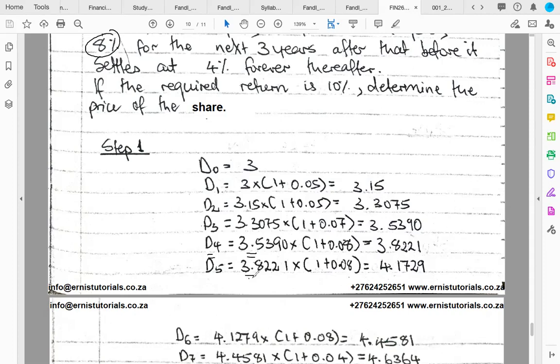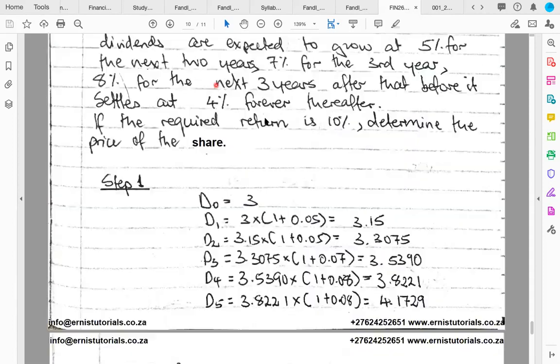Then we can take D4 multiplied by 1 plus 8% to give us D5, which is 4.1729. And then it's for 3 years, we can take D5 multiplied by 1 plus 0.08 to give us D6. So for the next 3 years, 8%, 8%, 8%, we get D6, which is 4.4581, right?